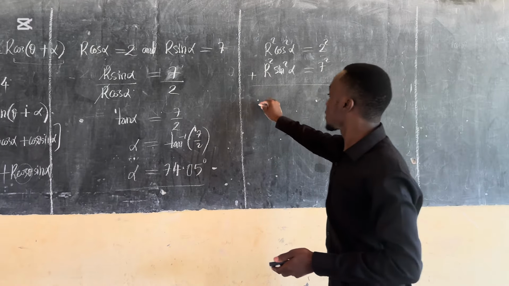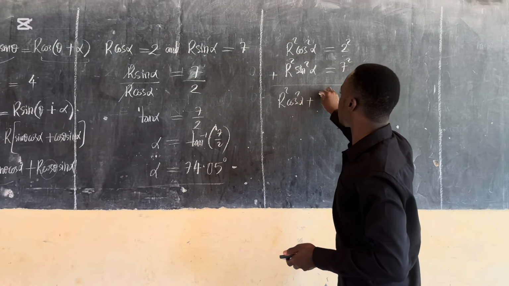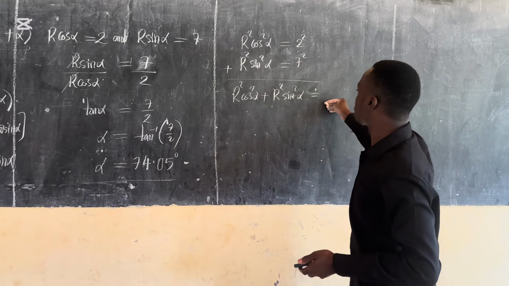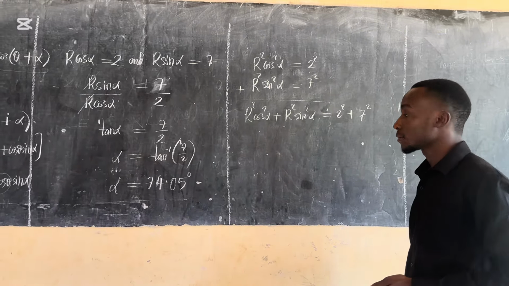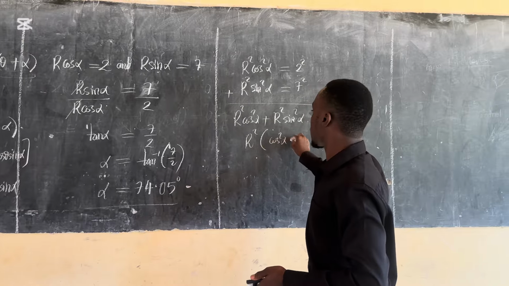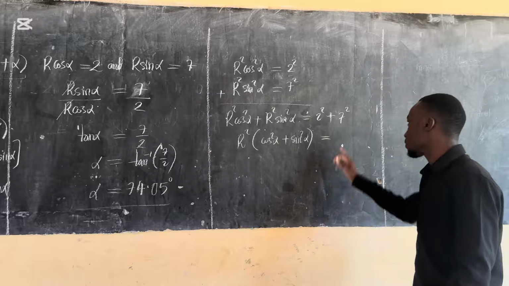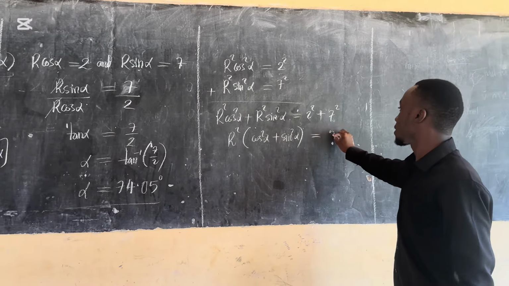So by this I will get r squared cos squared alpha plus r squared sin squared alpha is equal to 2 squared plus 7 squared. So I pull out the r squared, I remain with the cos squared alpha plus sin squared alpha equal to, this is a 49 plus a 4, this is a 53.